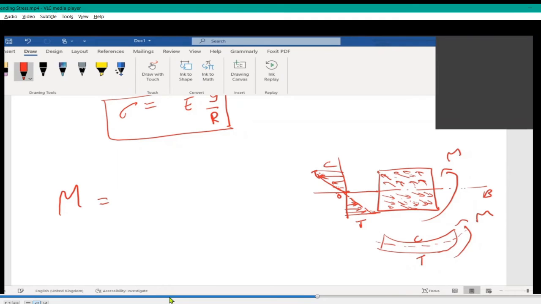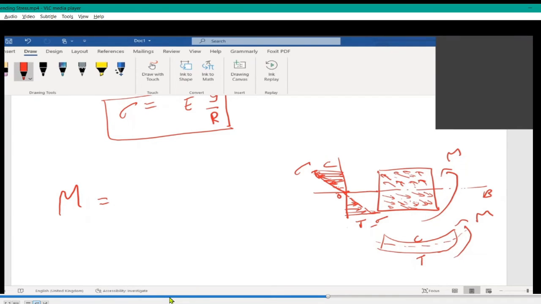When you plot the stress distribution diagram, you will have it like this. Top member will be subjected to compression, bottom will be subjected to tension. How to find out the net value? Because it is distributed between these limits. See the limits: a high positive value to 0 to another high negative value at the bottom.